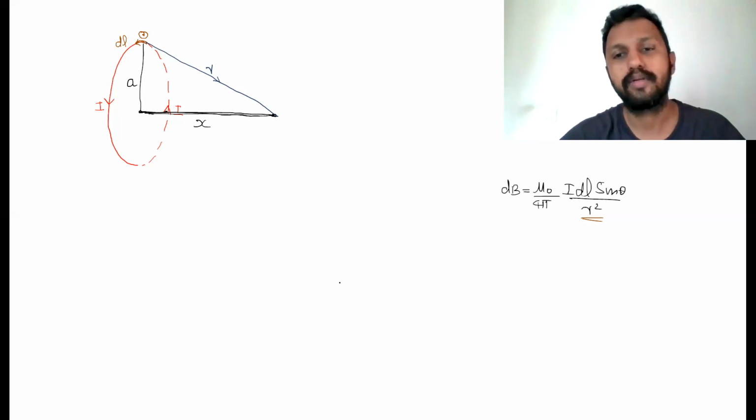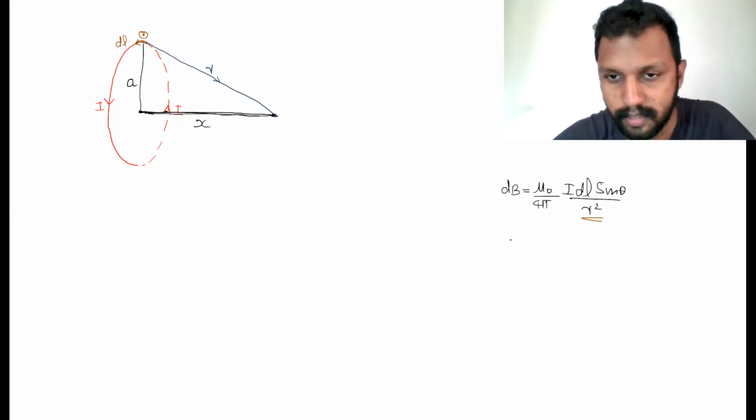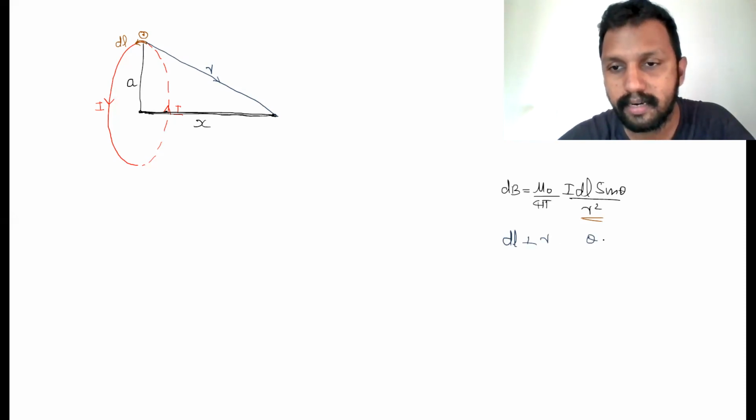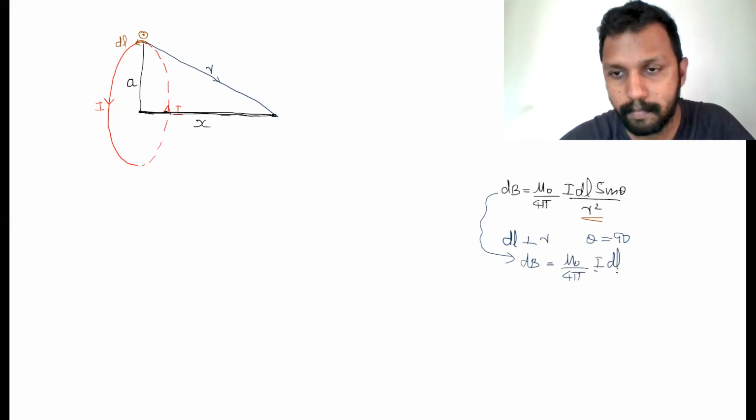Therefore, I could write dl is perpendicular to r, and the value of the angle is 90 degrees. Since the angle is 90 degrees, db's expression can be written as mu 0 by 4 pi I dl by r square, since sine 90 is 1.